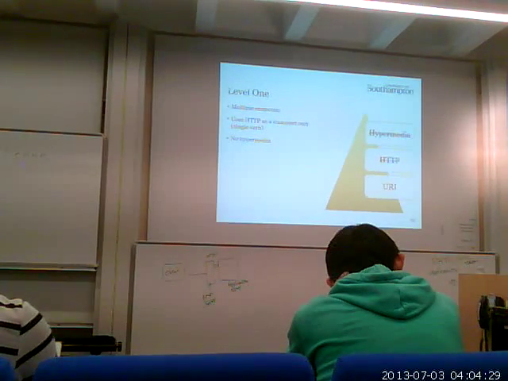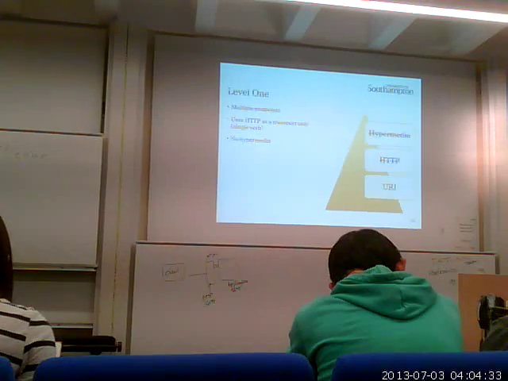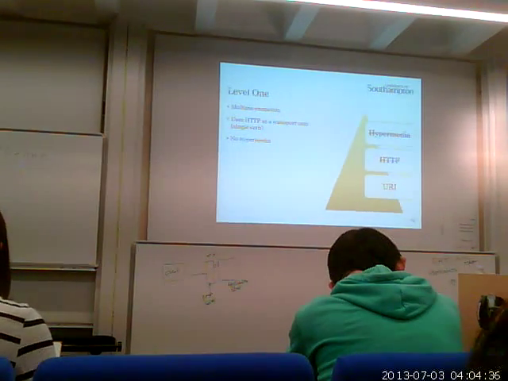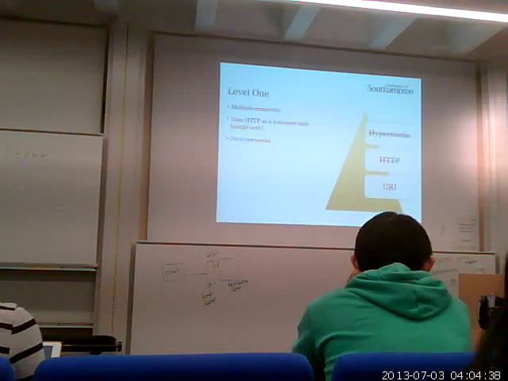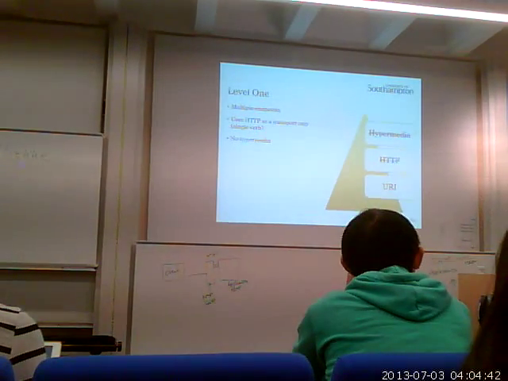So, level 1, moving up the richness and maturity levels. We start using one of the aspects of the web architecture to influence our web service. In this case, we start using URIs to represent all the different resources in the system.